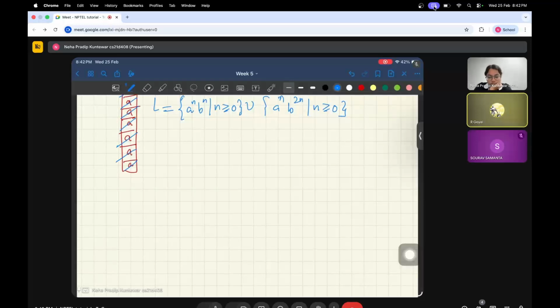But I don't think NPDAs are the same as PDAs, because NPDAs can capture languages that PDAs cannot capture. Right, but how do you take two PDAs and make a union out of it?